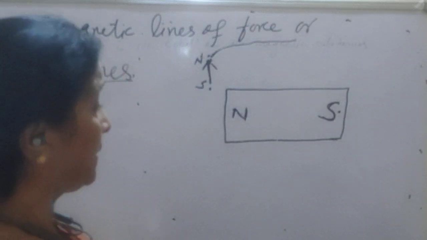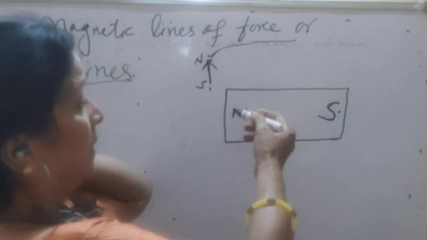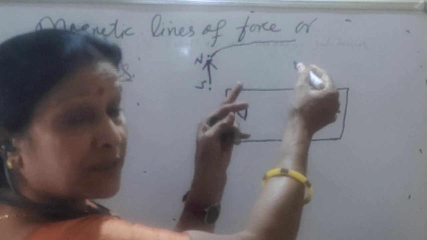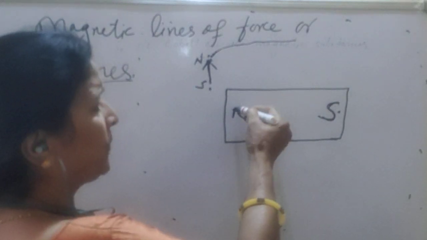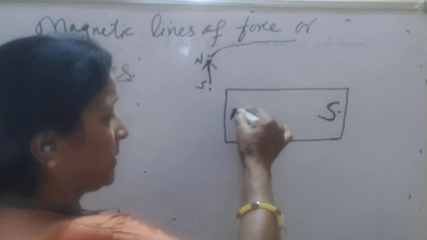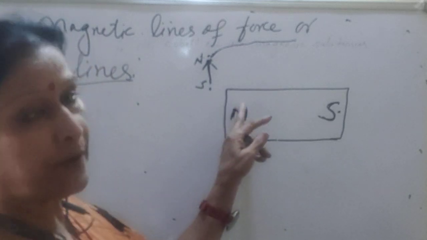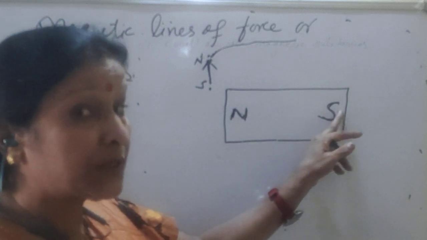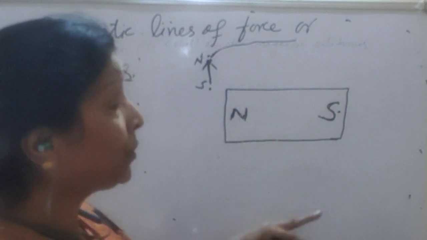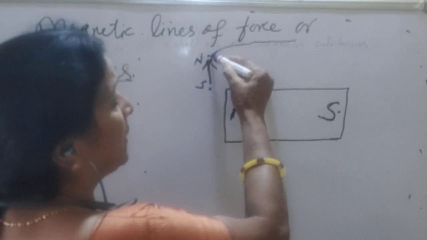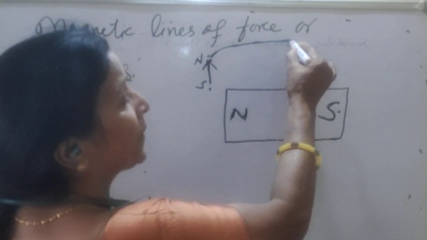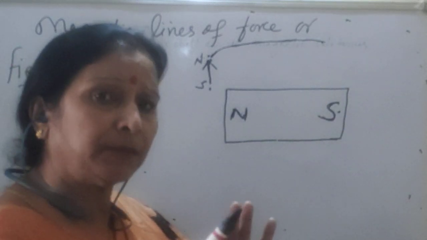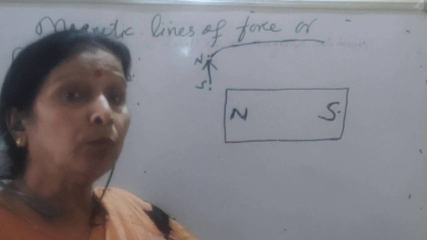As the magnetic needle goes a little bit away from this magnet, the force of repulsion from the north pole will go on decreasing, but the force of attraction of the south pole will go on increasing. Due to that, the north pole will start moving along this line, meaning we leave the north pole to move freely.